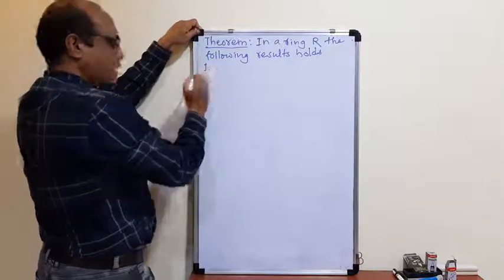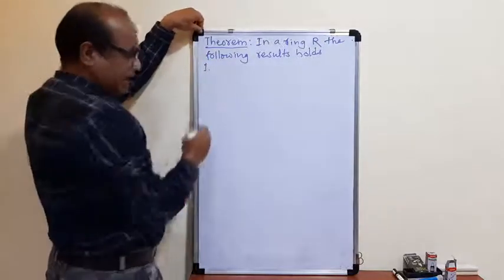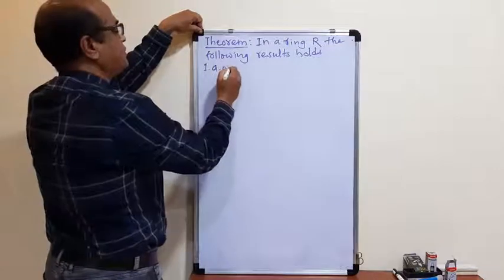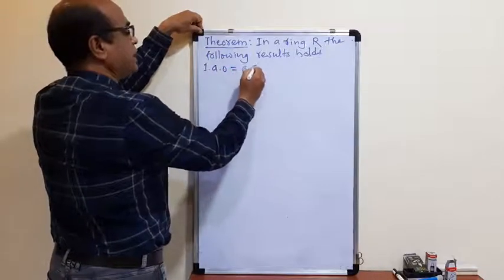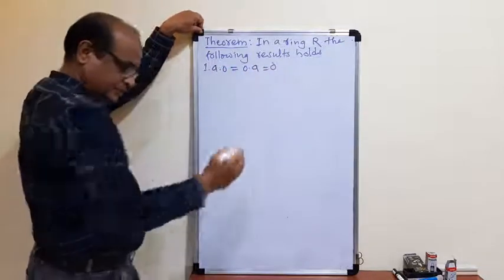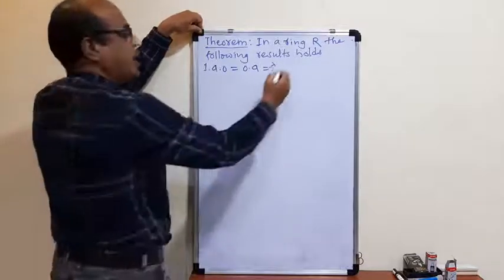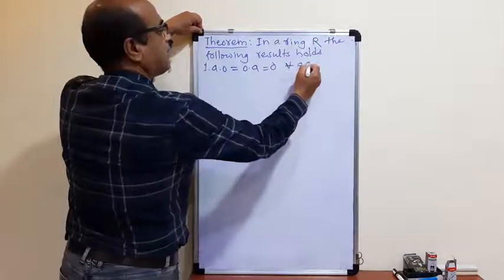Result 1: A into 0 is equal to 0 into A is equal to 0, for all A belonging to R, where R is the ring.